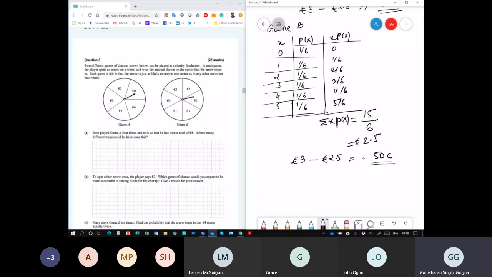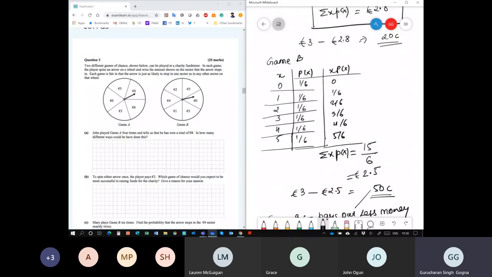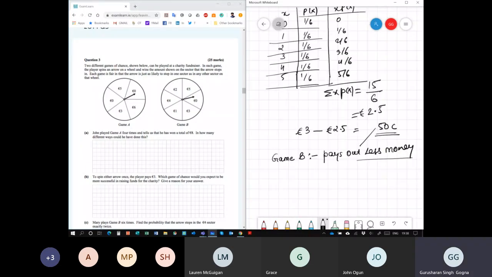So game B pays out less money. Okay. So you need to take the difference at the end between what you got as an expected value and what they are paying for playing the game.